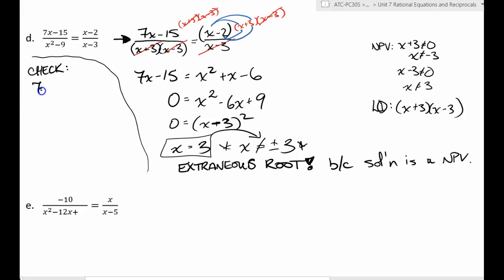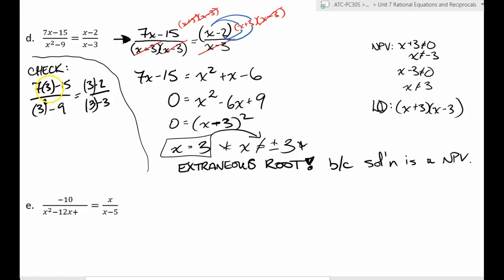Okay, so we go 7 times 3 minus 15 over 3 squared minus 9 equals 3 minus 2 over 3 minus 3. And I'm just using those brackets to signify where my x's used to be.